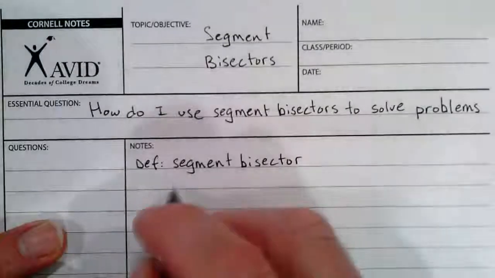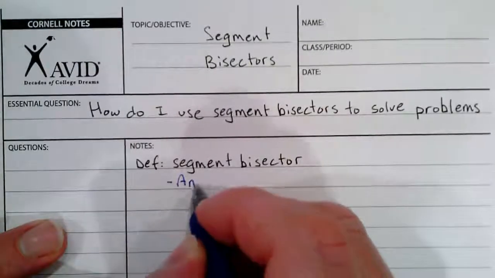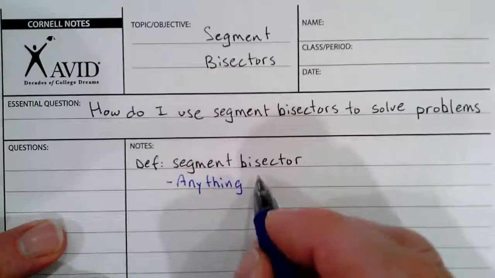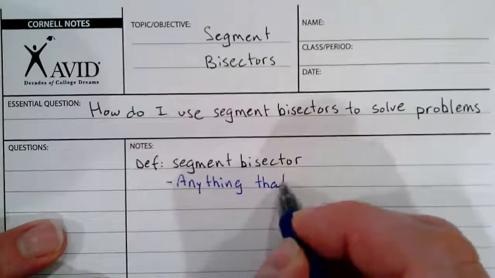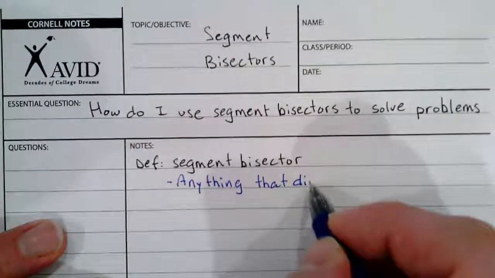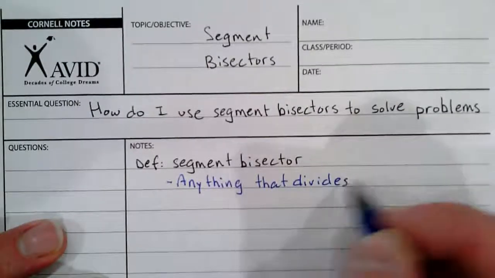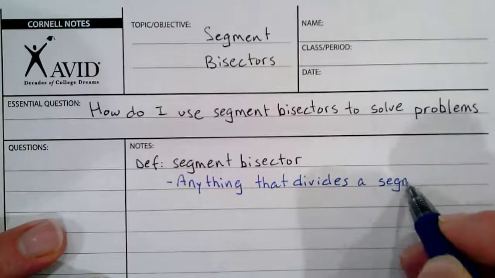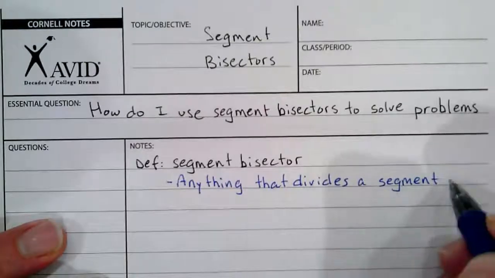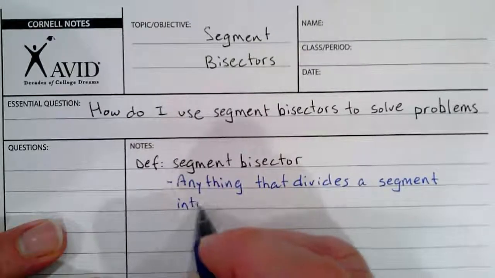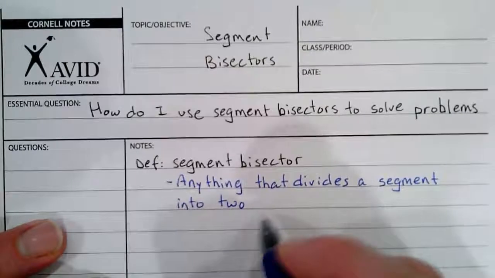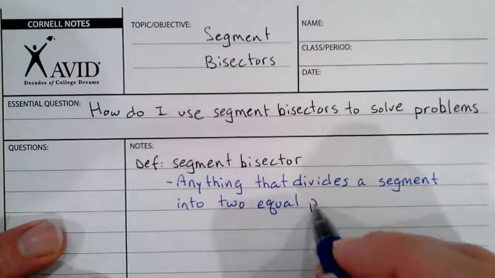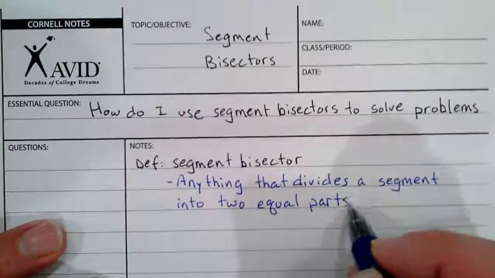A segment bisector is anything that divides a segment into two equal parts.